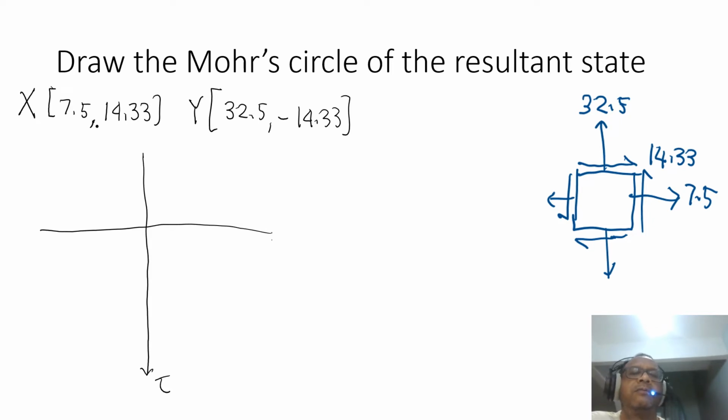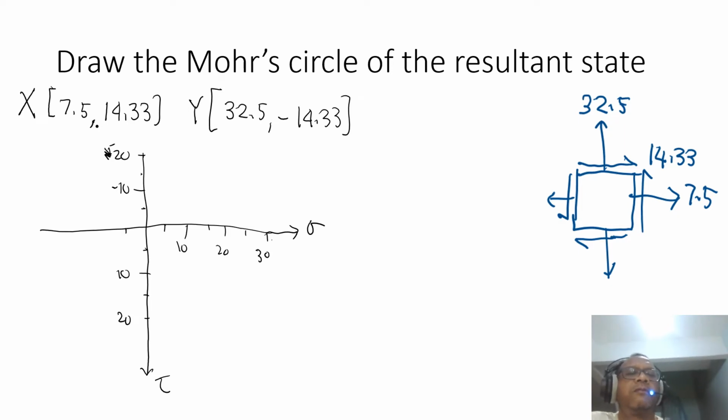This is tau, this is sigma, and then we can say 5, 10, 15, 20, 25, 30, and so on. And 5, 10, 15, 20, negative 5, negative 10, negative 15, negative 20.